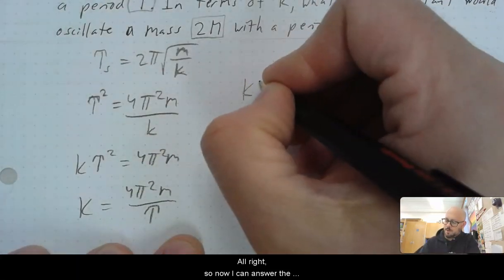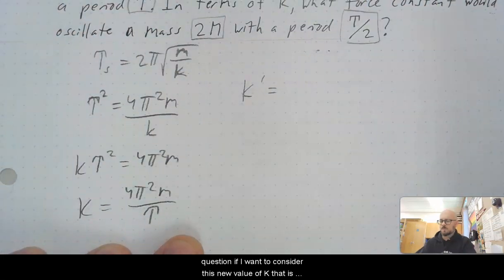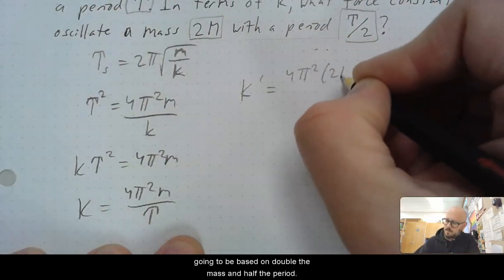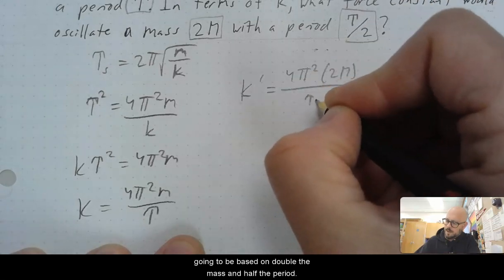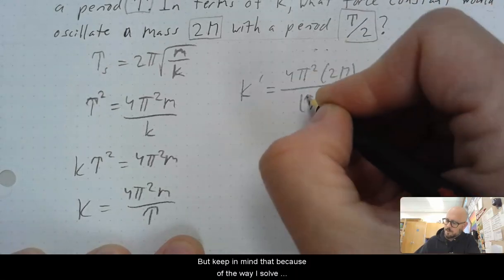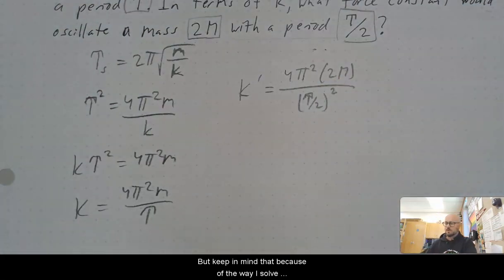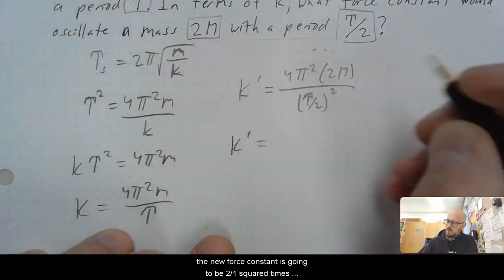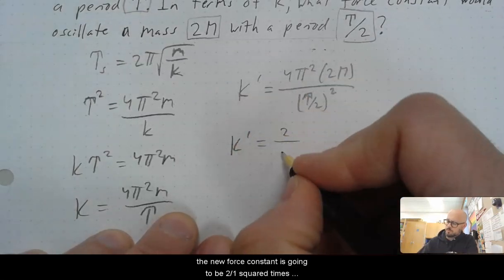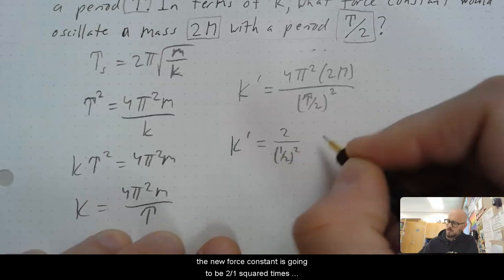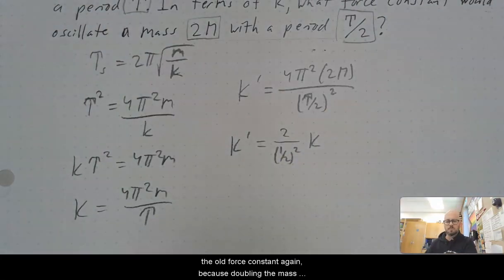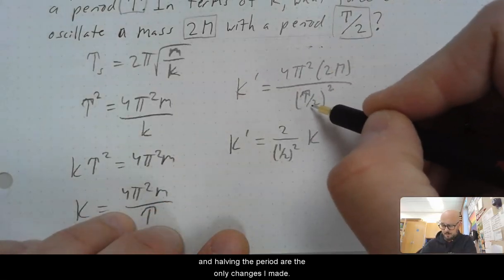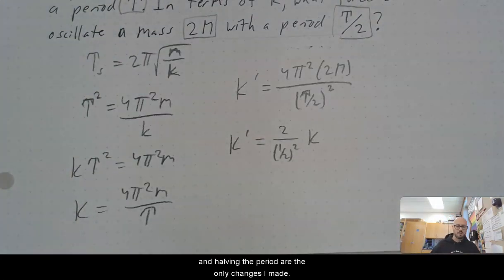All right, so now I can answer the question. If I want to consider this new value of k, that is going to be based on double the mass and half the period. But keep in mind that because of the way I solved this, the period gets squared. The new force constant is going to be 2 over 1/2 squared times the old force constant, again, because doubling the mass and halving the period are the only changes I made.